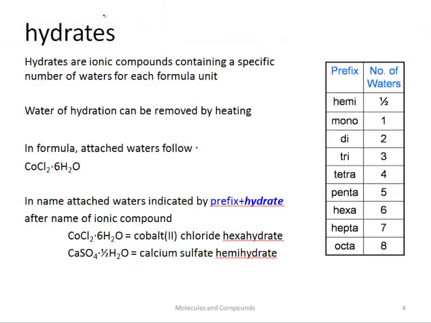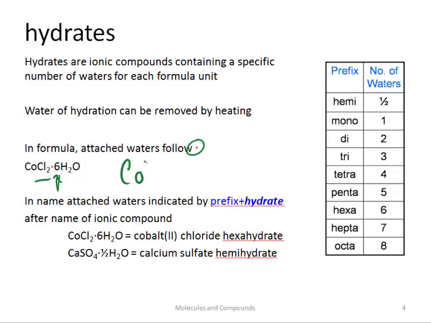So what we do is we attach a dot at the end of the ionic formula, and then the number of waters of hydration. And it just so happens that 6 waters will attach to each formula unit of cobalt chloride. Remember that cobalt is a transition metal, so we're going to have to indicate what charge it has. We know that chloride has a -1 charge. There's 2 of them.